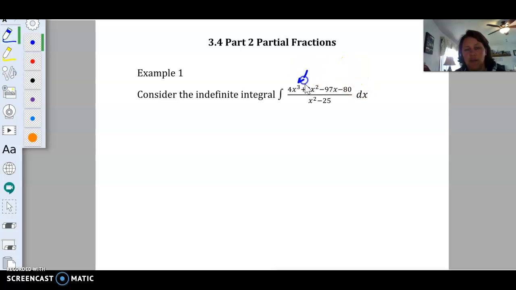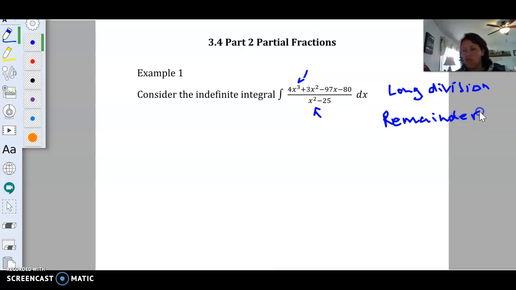Anytime the degree of your numerator is more than the degree of your denominator, you're going to have to start off with long division. Then, depending on what your remainder is, you may or may not have to continue on with partial fractions.